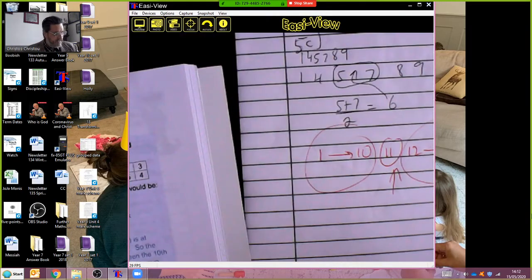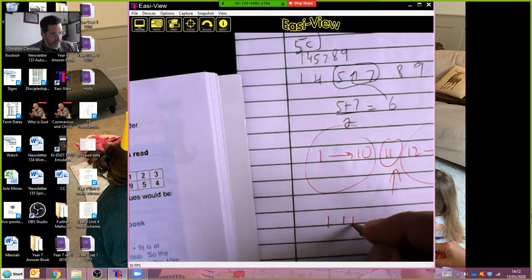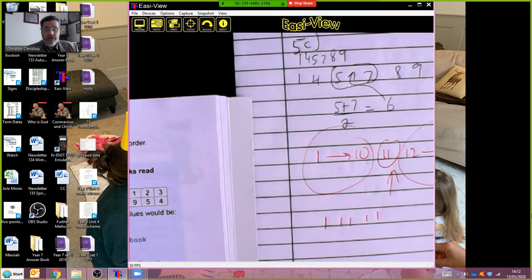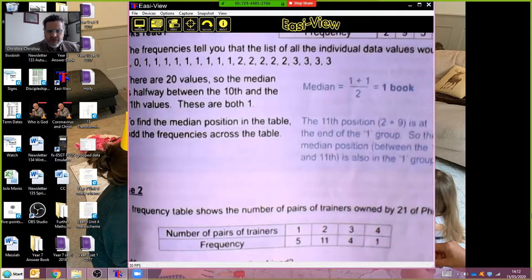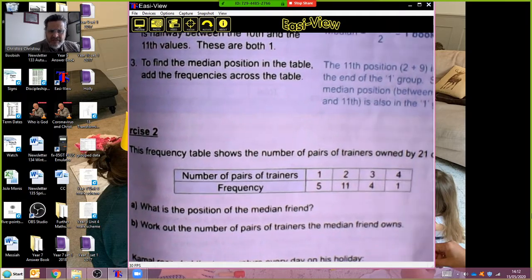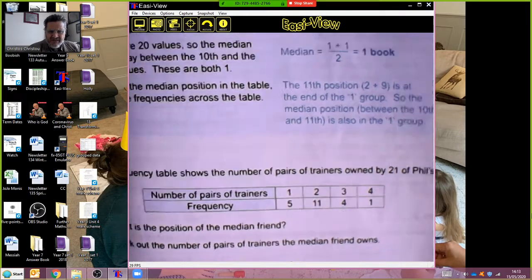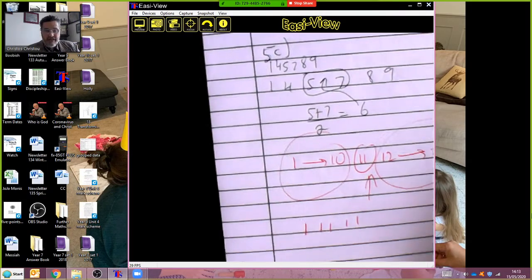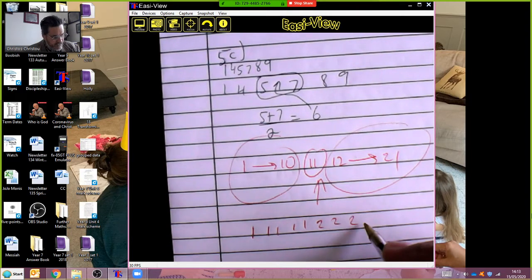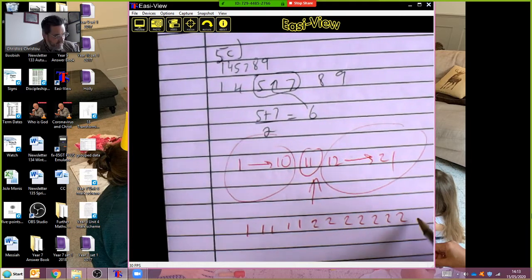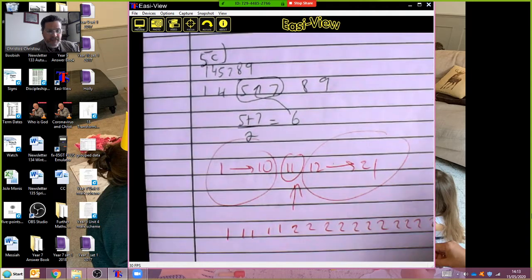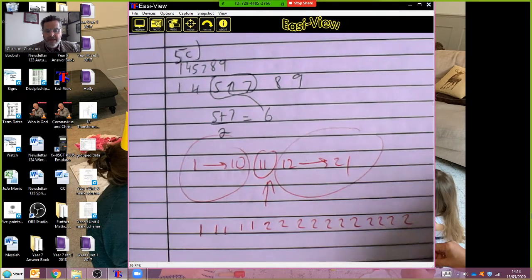Now I'm going to try and do this. So 1, 2, 3, 4, 5 people with 1 pair of trainers. Then I've got how many? 11 with 2 pairs of trainers. Really? Oh, great. So I've got to do 11 twos. 1, 2, 3, 4, 5, 6, 7, 8, 9, 10, 11. And now I'm getting bored. How do I know I'm over halfway?